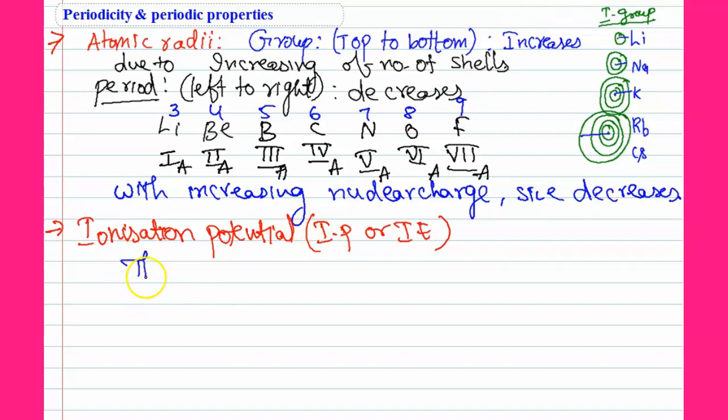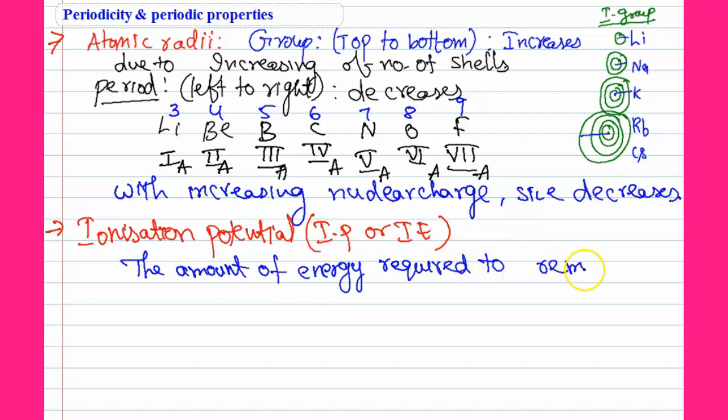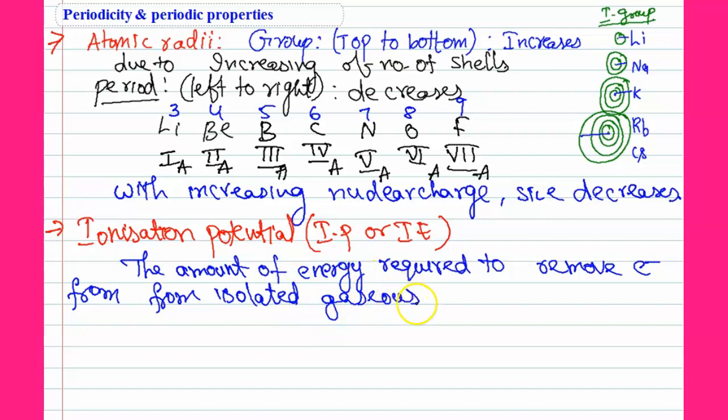The amount of energy required to remove an electron from an isolated gaseous atom in ground state is known as ionization potential or ionization enthalpy or ionization energy.